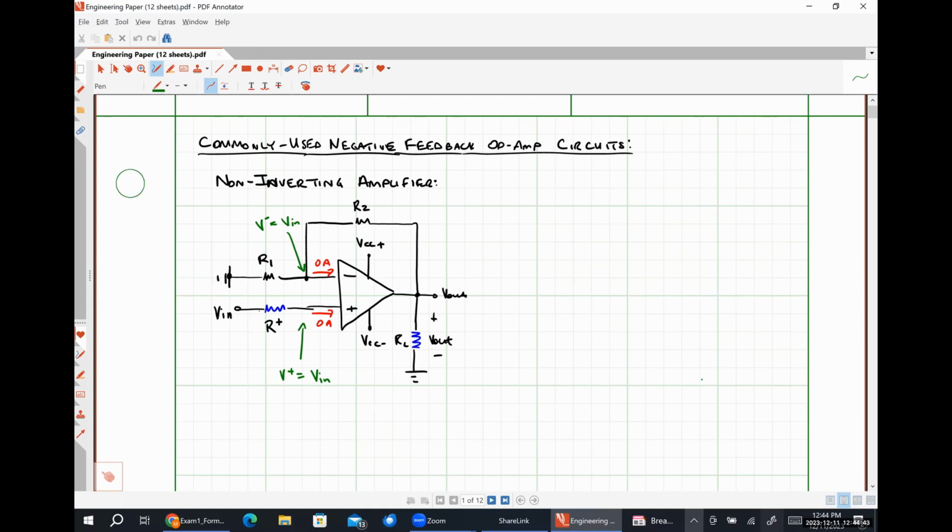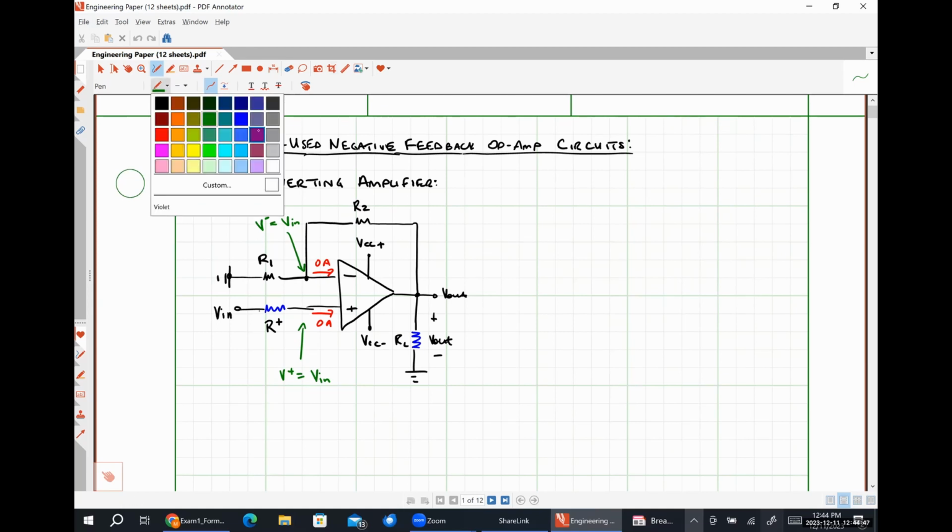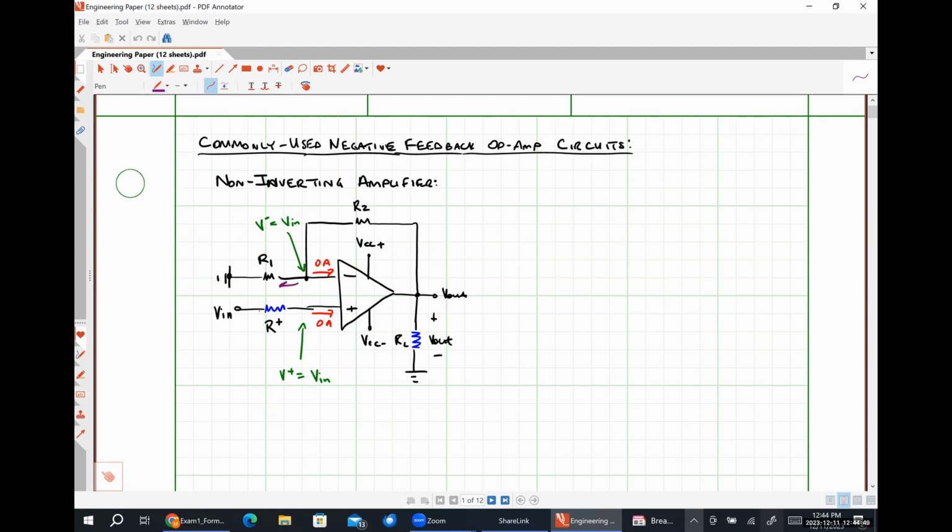Now I'm going to apply Kirchhoff's current law at the inverting input node. So that's adding this current and this current together. And so what we will have is Vn divided by R1 plus Vn minus V out divided by R2 is equal to 0.